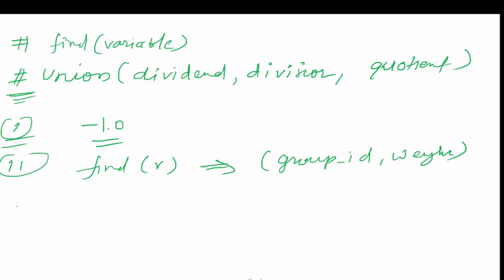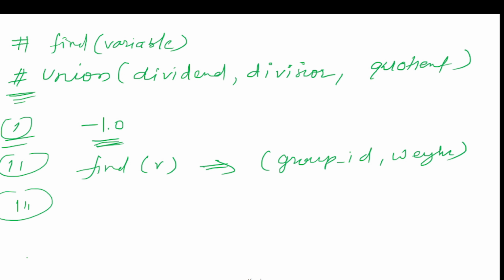This we will do, and then if they are not in the same group, then there is no chain of division between them, and we will return minus 1.0 like this.